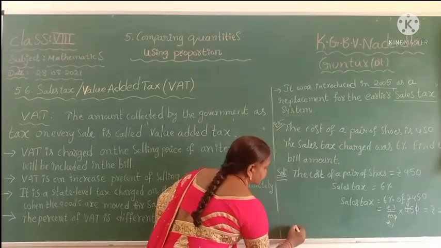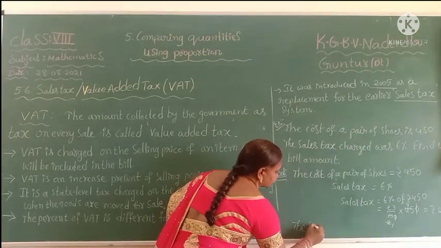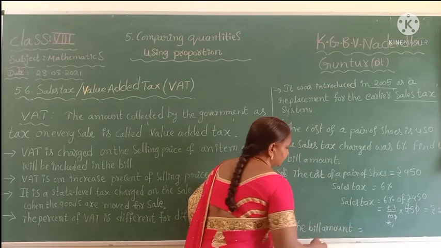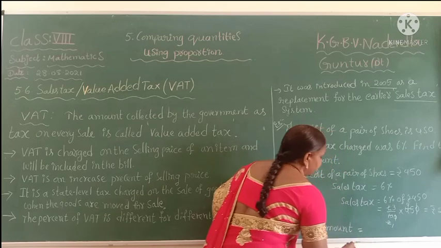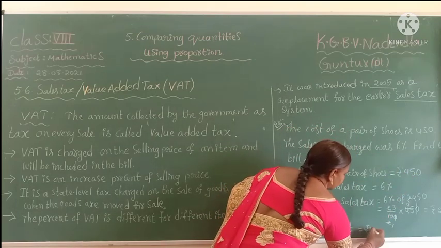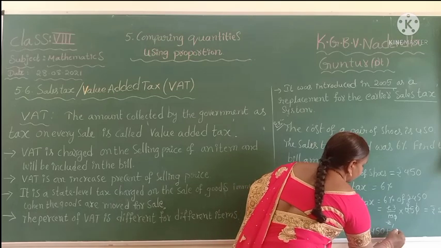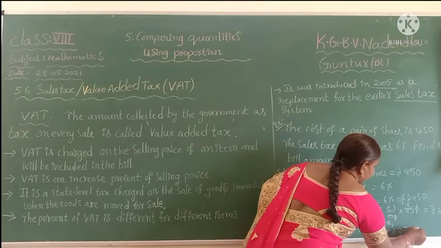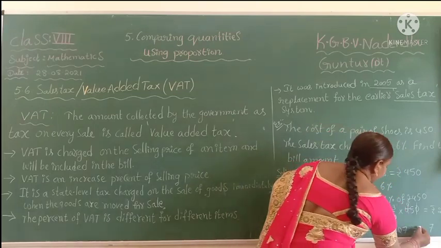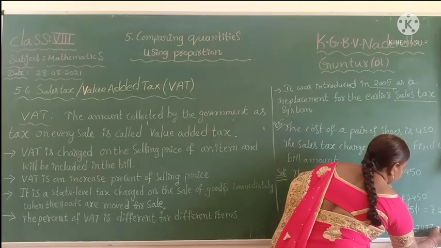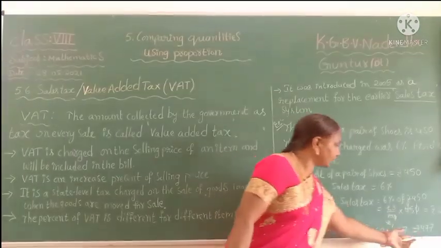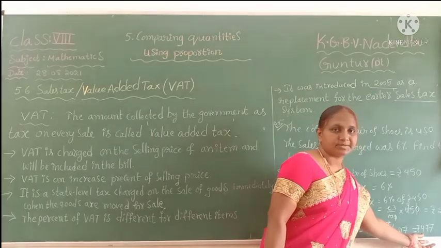Okay. Now the bill amount. We already learned the sales tax is the additional amount on the sale amount. 450 rupees plus 27 rupees, then 477 rupees.